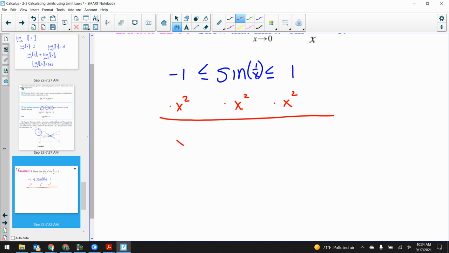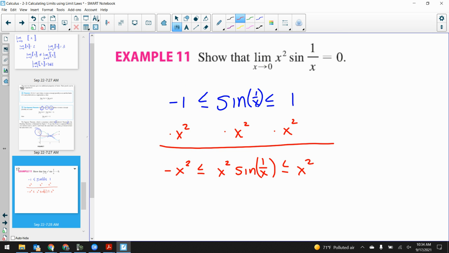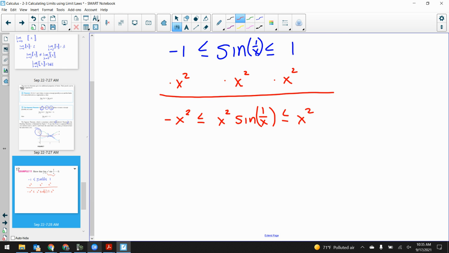Okay. So I have negative x squared, sine 1 over x, and then positive x squared. Do you see how now I have this chunk in the middle? So I can now apply the limit as x goes to 0 to all of these pieces.